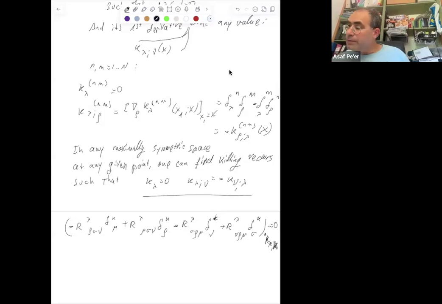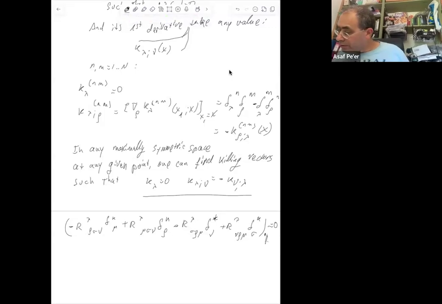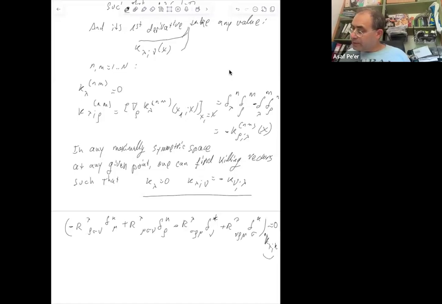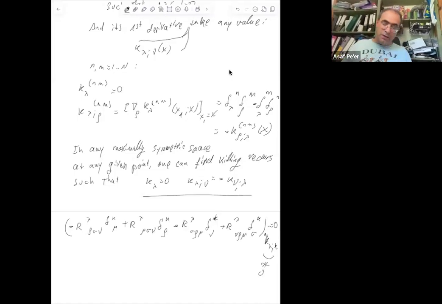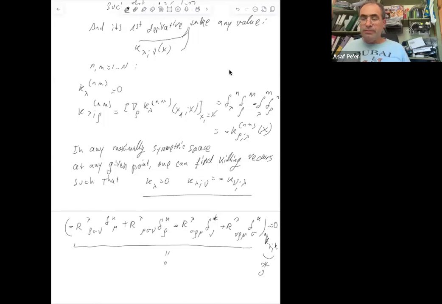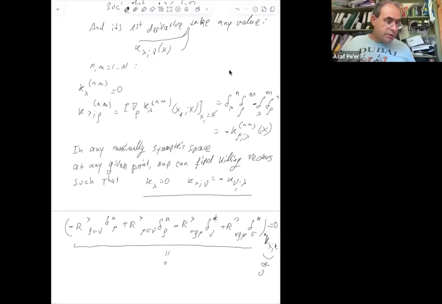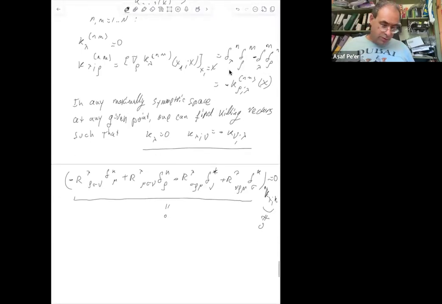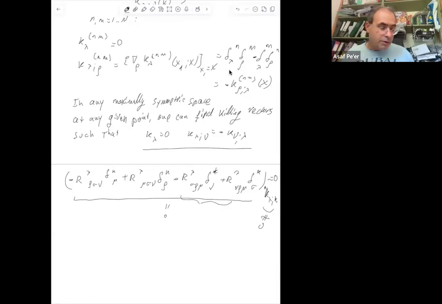Now k_lambda;kappa is not 0, which means that the only way for that to be equal to 0 is if all these parentheses is equal to 0. So using that, we now have the last two terms here. I'm going to do slightly more algebra using the Killing condition.